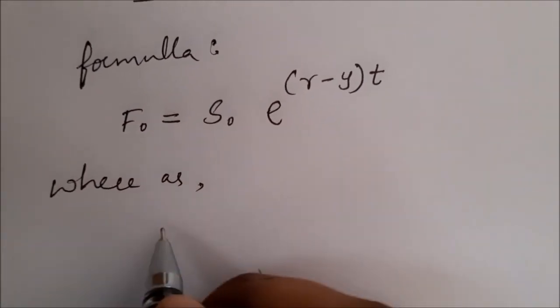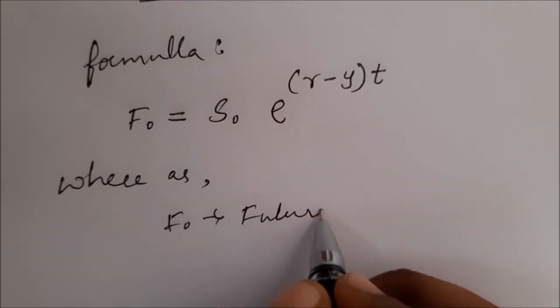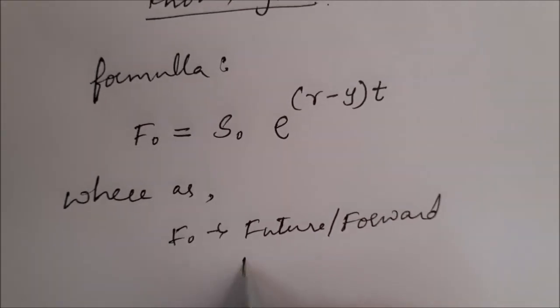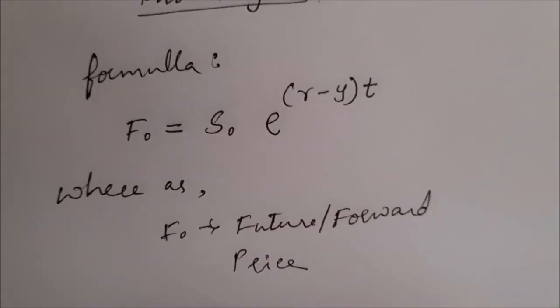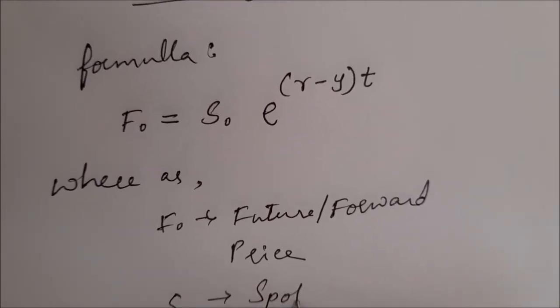Here, F naught is the forward or future price, and S naught is the spot price.